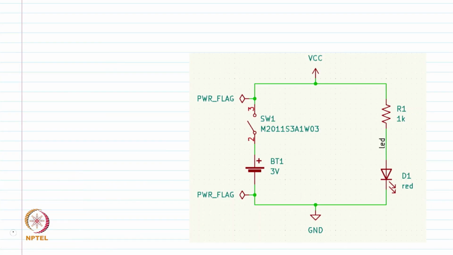So we go back to our earlier design where we used this switch. Earlier we already created this circuit in which we have this battery feeding this LED through this limiting resistor. Now we are inserting a switch which we have developed here in this schematic.